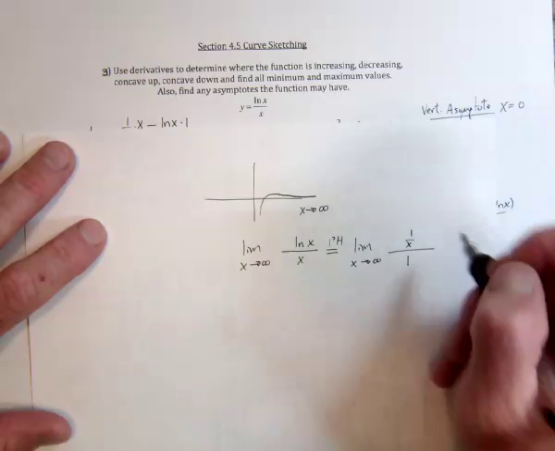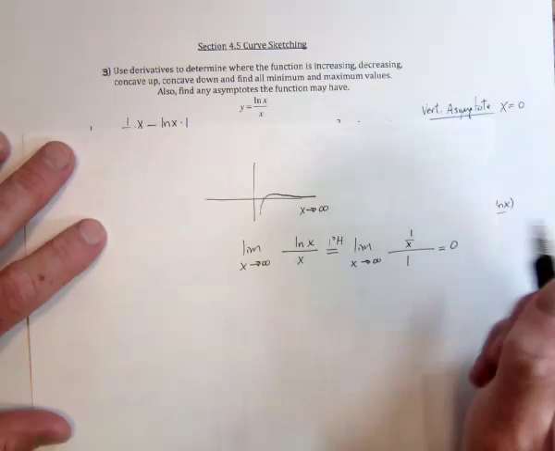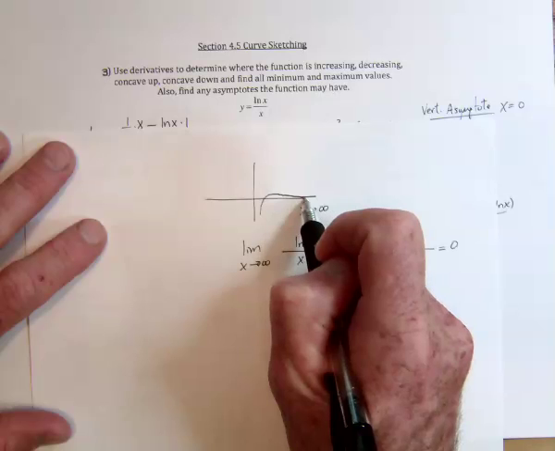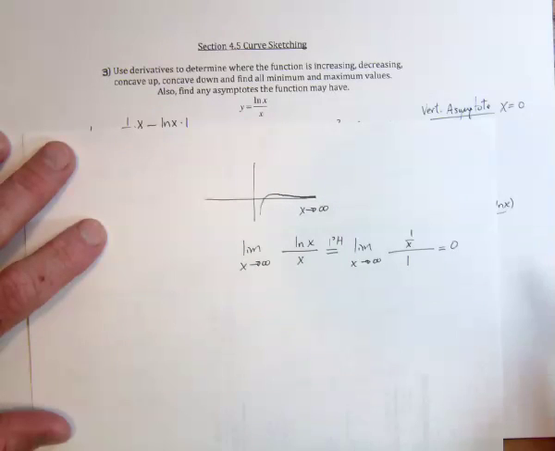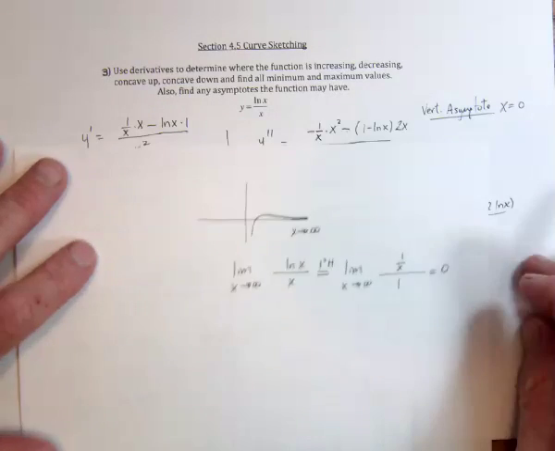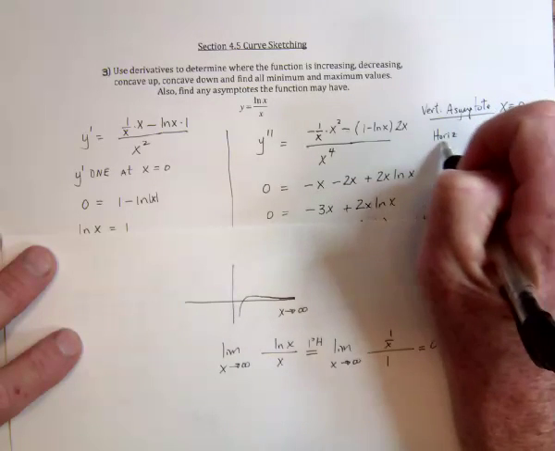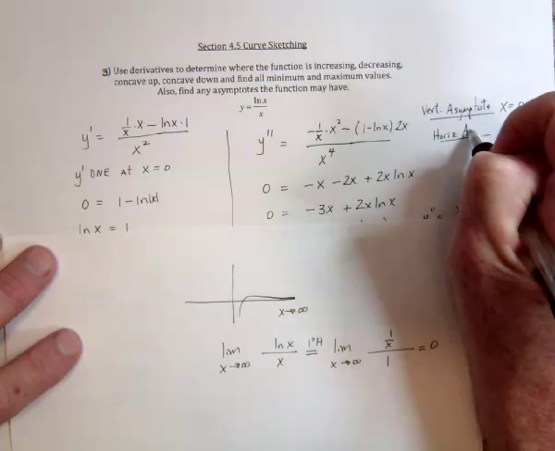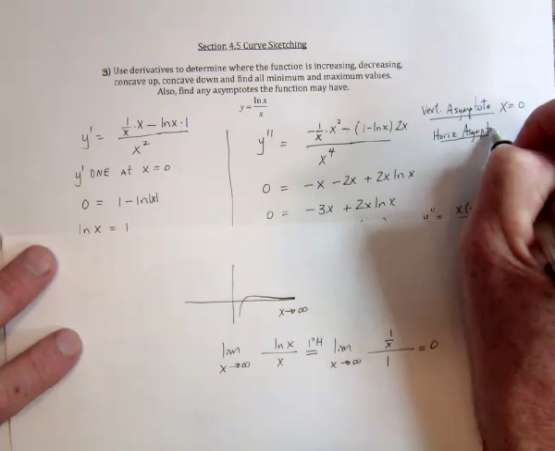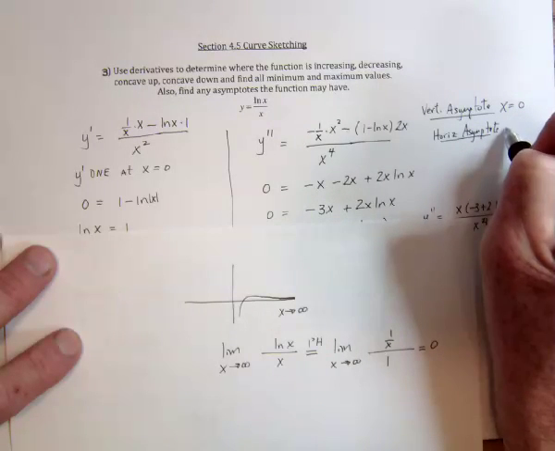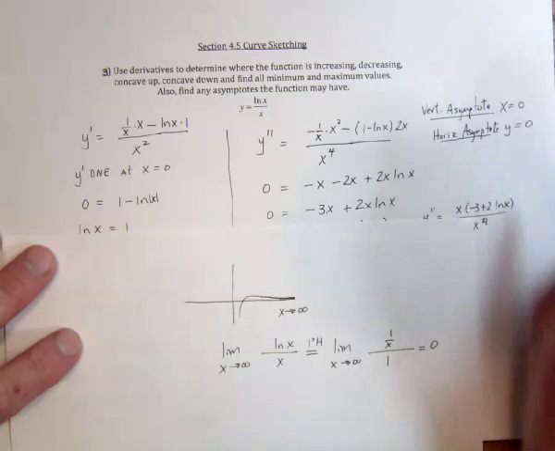So now we would have 1 divided by infinity, which is 0. So this function is actually getting closer and closer to the x-axis. Or in other words, we've got a horizontal asymptote at the x-axis, which is y equals 0.